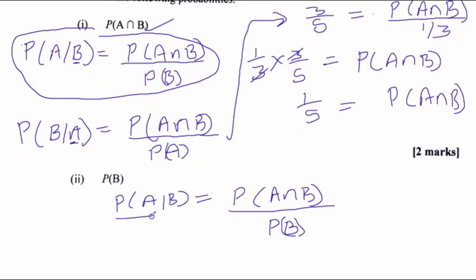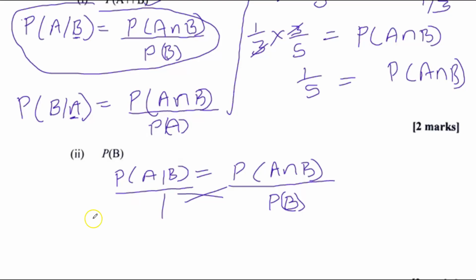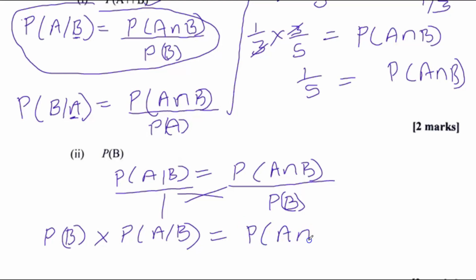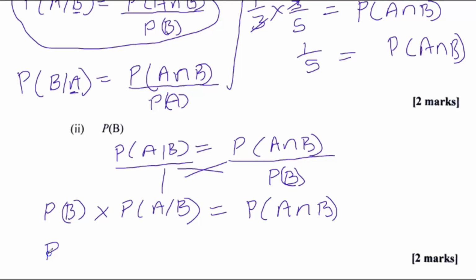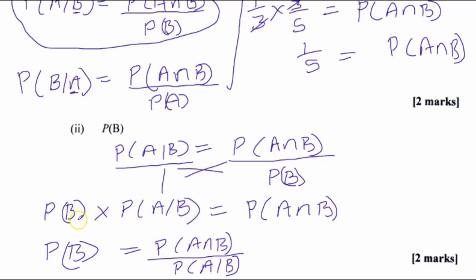Let me multiply both sides by the probability of B. What we'll end up with is the probability of B times the probability of A given B equal the probability of A intersect B, and therefore, if we divide both sides by A given B, the probability of B is the probability of A intersect B divided by the probability of A given B. We end up with that.